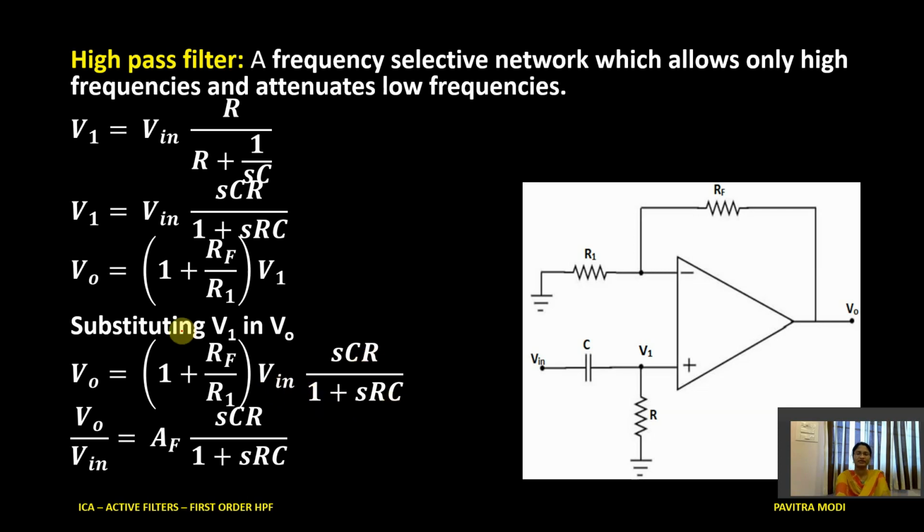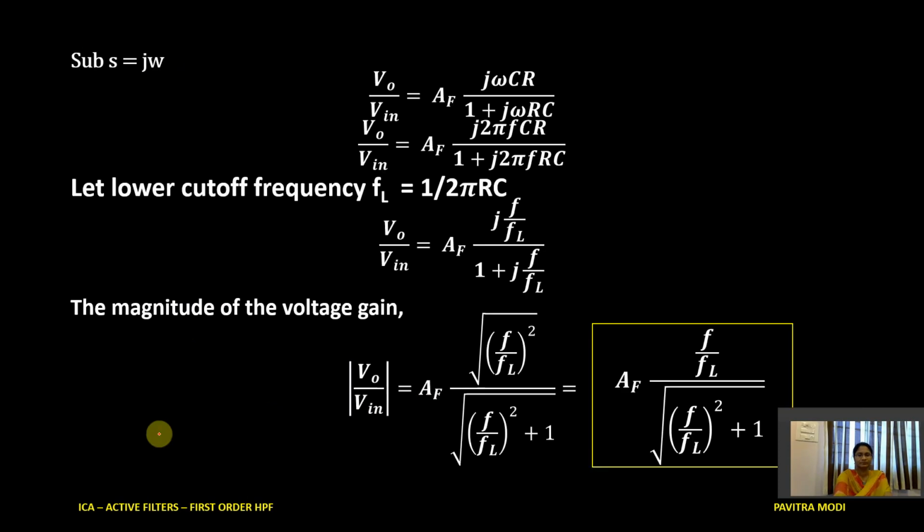We can write this 1 plus Rf by R1 as AF, and substituting j omega in place of S, and in place of omega substituting 2 pi f, and considering cutoff frequency fL equal to 1 by 2 pi RC.